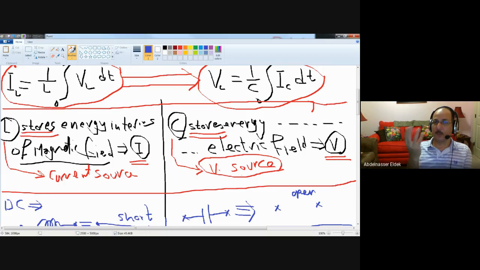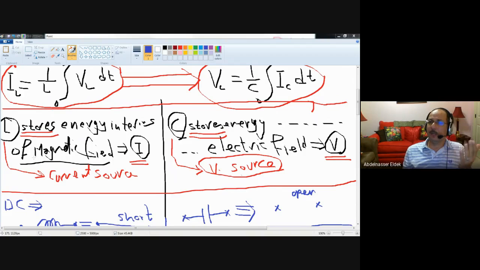The capacitor stores energy in terms of voltage or electric field. Then, just a moment. So the inductor and capacitors are storing energy in terms of current and voltage.